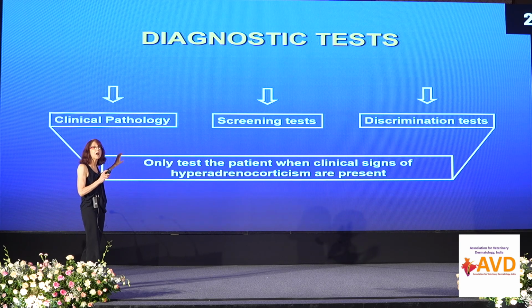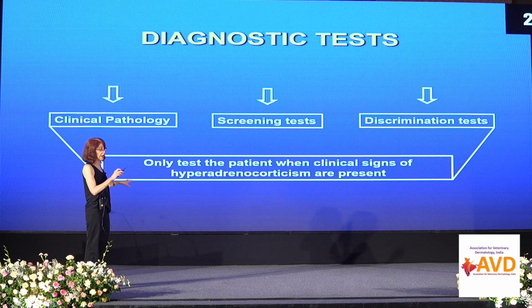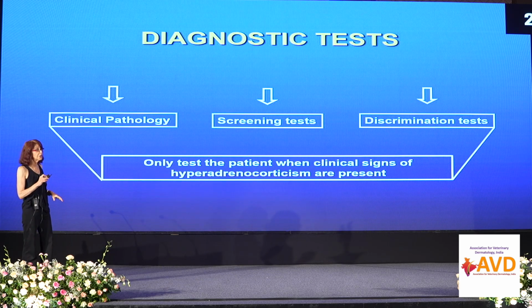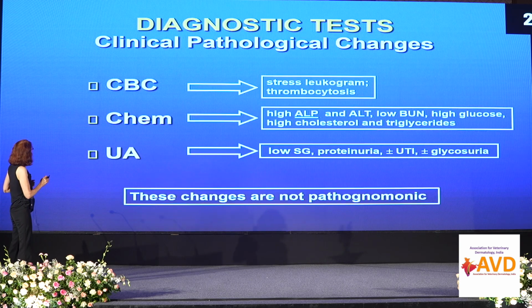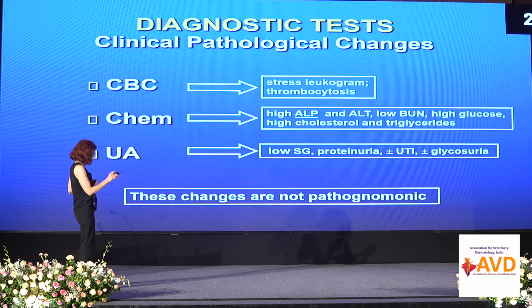Because there are false positives with this test. And you know how to treat Cushing's disease. There are severe side effects. You can make these dogs hypoadrenocorticoid with the treatment. So you really need to confirm that that's what it is before putting them on the medications.